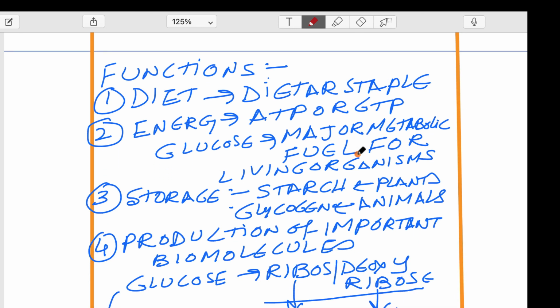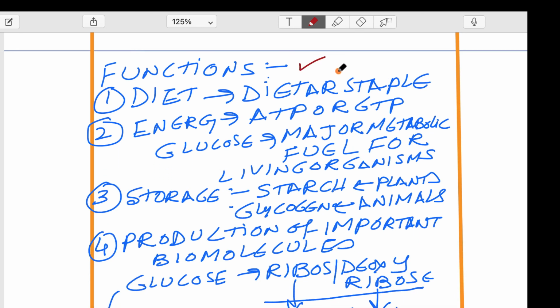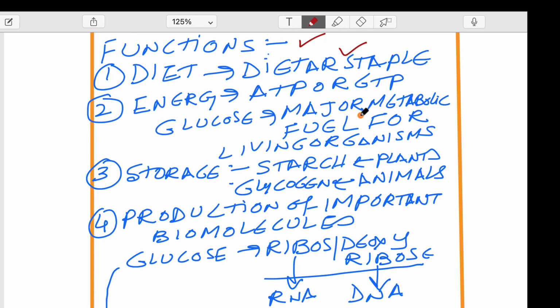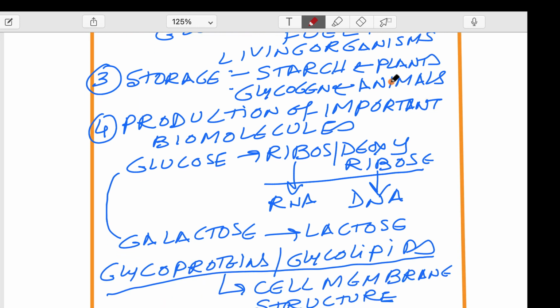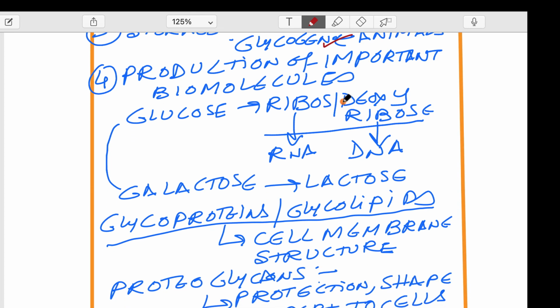Then we talked about the functions. Diet: dietary staple in many parts of the world. Energy: ATP and GTP, with glucose as the major metabolic fuel for living organisms. Storage: starch in plants, glycogen in animals. Production of important biomolecules: glucose, ribose, deoxyribose.